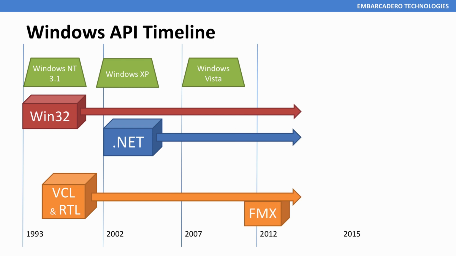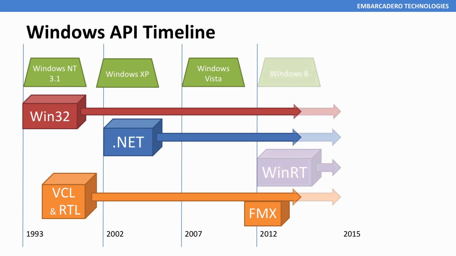So 2012, shortly after we saw the introduction of FireMonkey and the ability to take Delphi and C++ Builder applications across platform, we see the introduction of Windows 8. Now, Windows 8 brought with it another new Windows API, the WinRT. Microsoft announced WinRT was going to be the primary interface for developing for Windows 8 going forward. And everybody said, we've heard this before, and took it with a grain of salt.